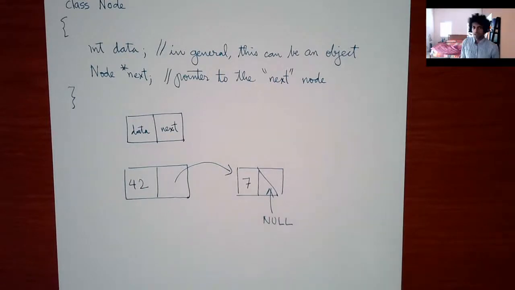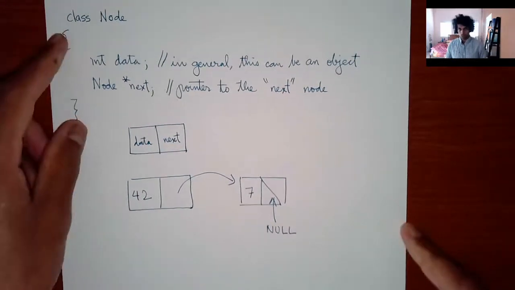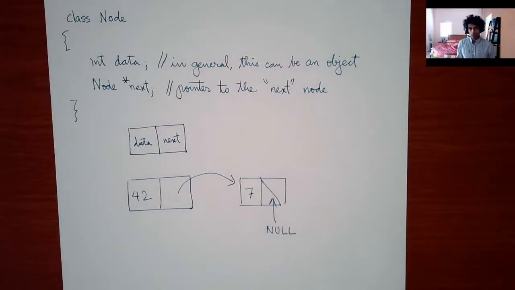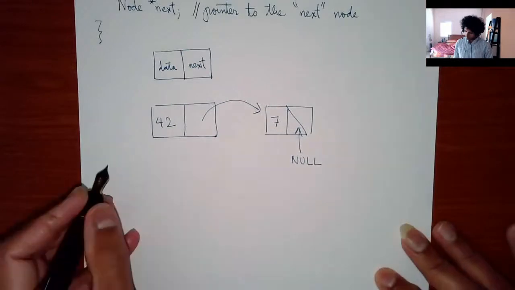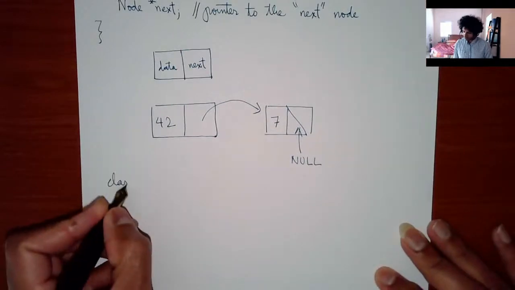Okay, so this is the way that I'm going to draw what's going on in a linked list. Your class, your fundamental object, is where you are storing the ints. If you have an array of ints, then you just store it in the individual locations of the array. But in a linked list, you create an object called a node, and in that node, you store the data and a pointer to the next node. Okay? And so let me go on further and say your class linked list.